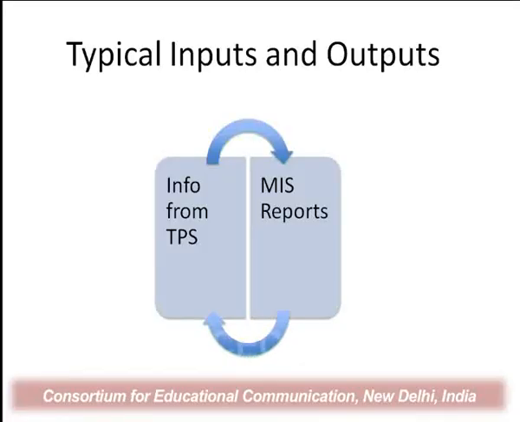So if you look at this, a typical input and output of the MIS. You see here you have information from the transaction processing system, which is the input, and the MIS reports which are generated are the output. This is a cyclical process. The information generated from the transaction processing system is fed into the MIS, and the MIS reports are further utilized by the assembly line managers or the operational supervisors.